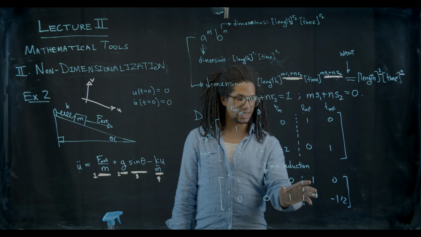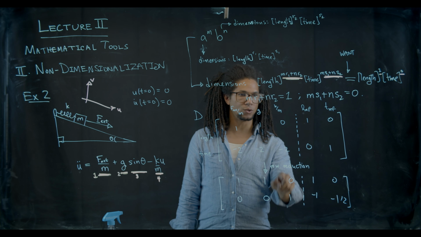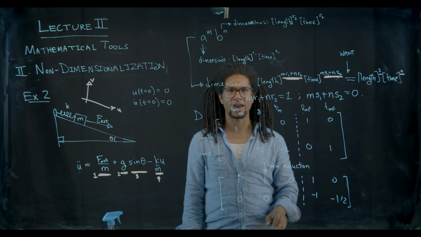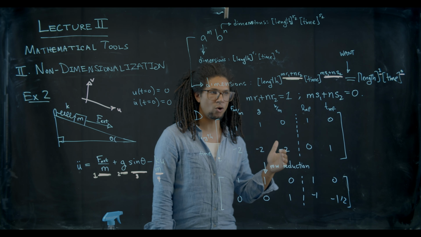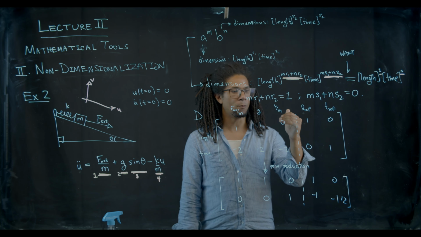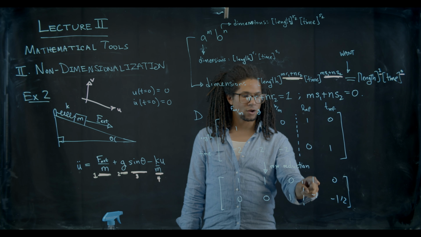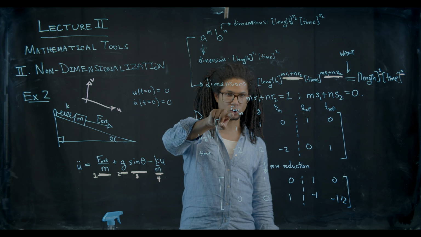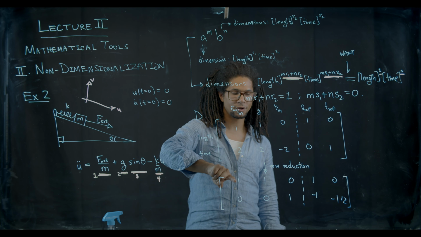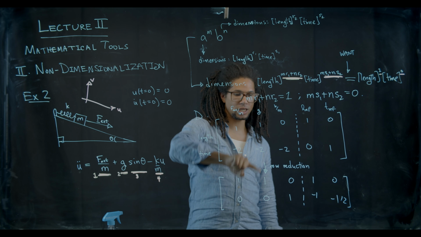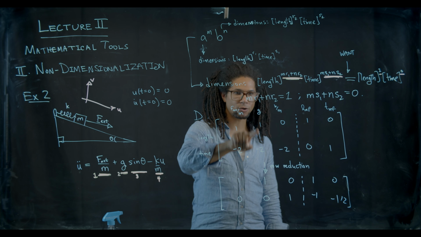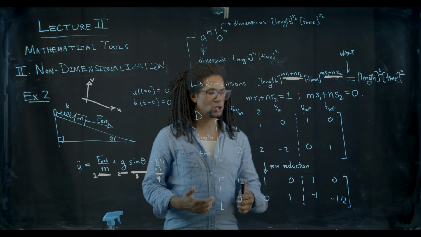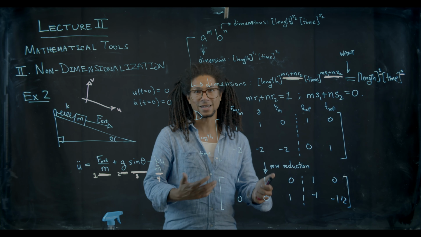Now, row 2 is unambiguous. It only includes k over m. So I'm going to need minus 1 power of k over m, in other words, a power of m over k. But what about from row 1? Well, all it tells me is that my powers of f external over m times 1, plus my powers of g times 1, are going to equal 1. In other words, there are 2 good choices, at least.